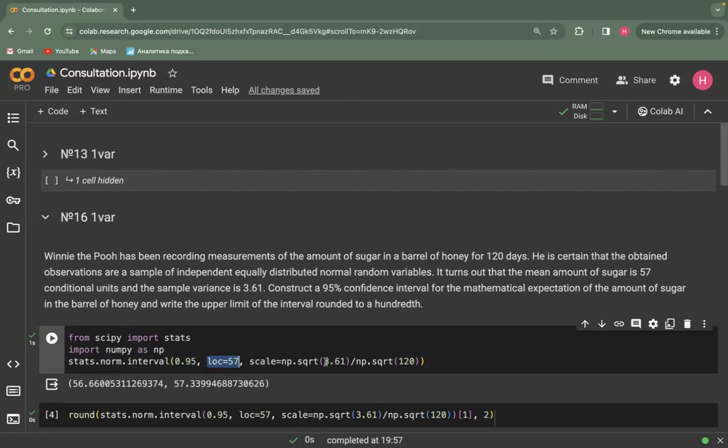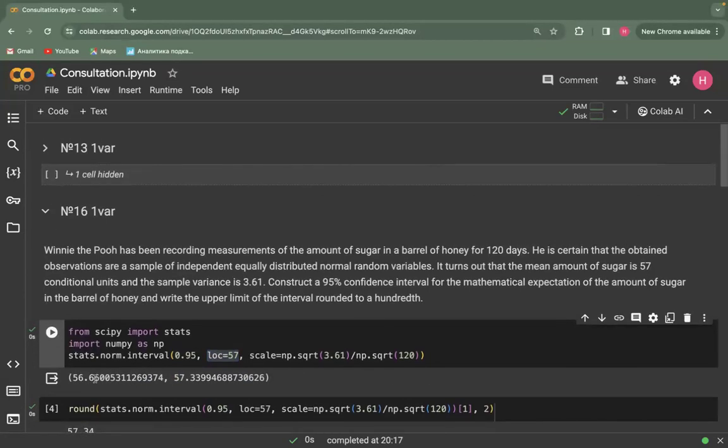It is the square root of the variance divided by the square root of our period. So it's the square root of 3.69 divided by the square root of 120. So let's run it, and we have got this interval.